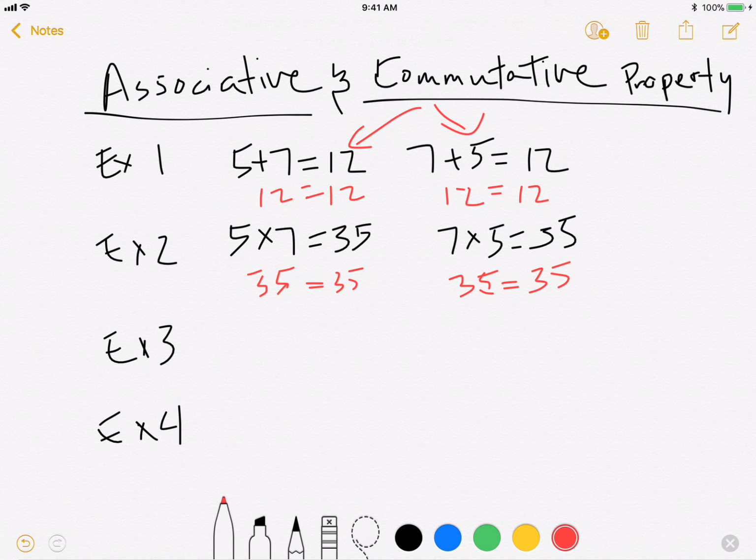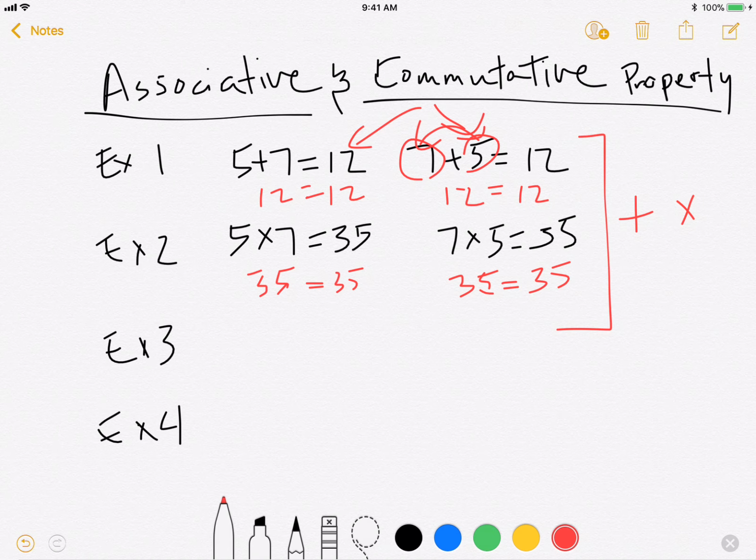We can flip the order that they are in, and we still get the same answer. That is the commutative property, and it works for addition and it works for multiplication, which is really cool. We can change around how things are ordered, and we're still going to get the same answer. I love that idea for the commutative property.